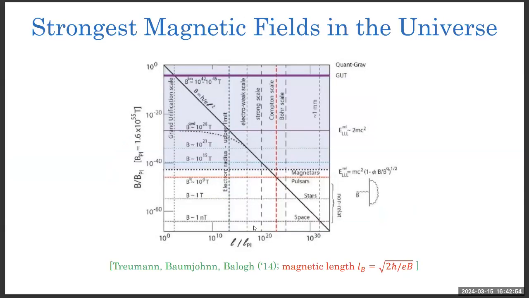Now, actually, the diagram summarizes all possible physics. We can have the strongest magnetic field in the universe. That is the magnetar. By magnetar, usually we classify any highly magnetized neutron star with magnetic field stronger than or close to the critical field, so 10 to the 13 Gauss or above.